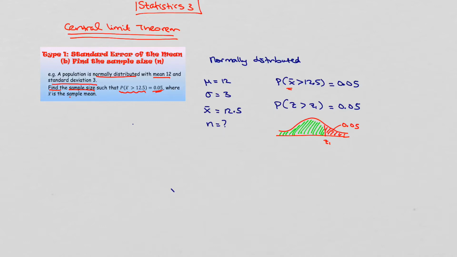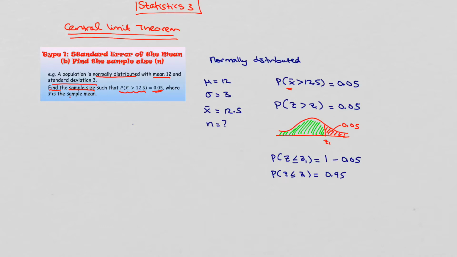In other words, if I look at the probability that z is less than or equal to z1, well then that's the same as getting 1 minus 0.05. So in other words, 1 minus 0.05 is 0.95.